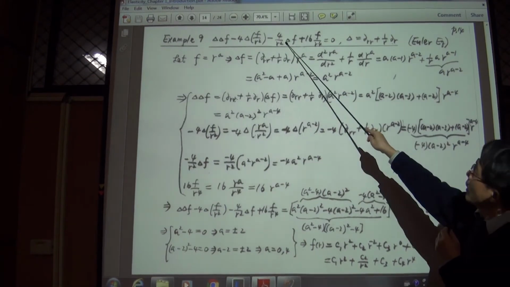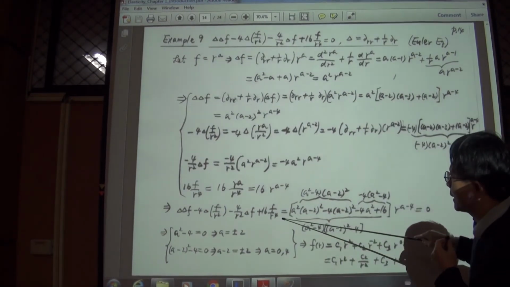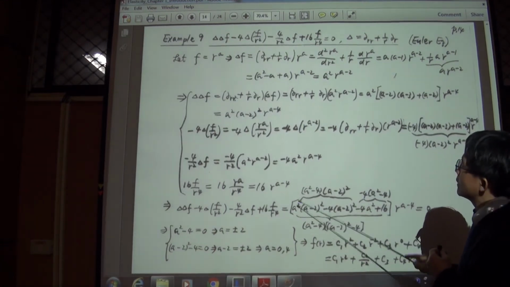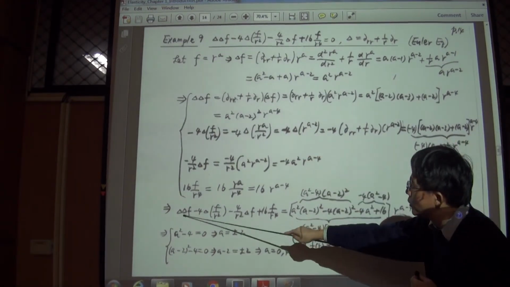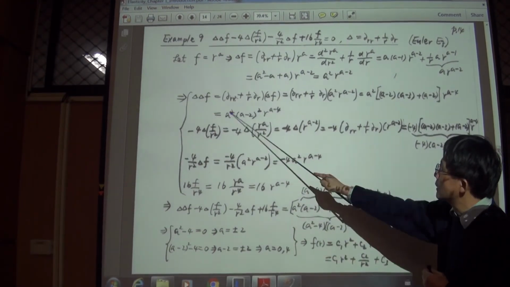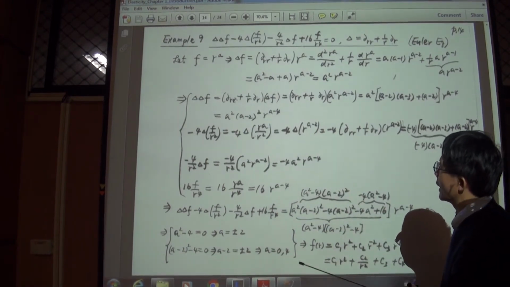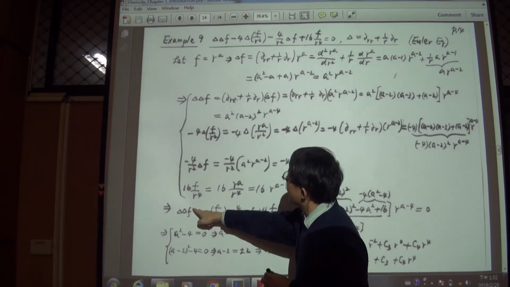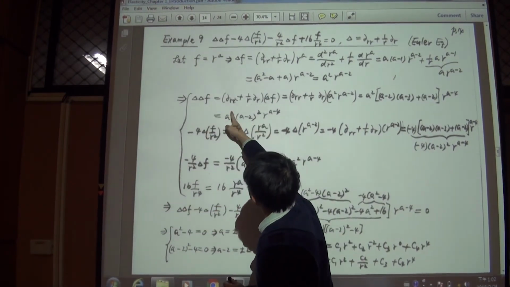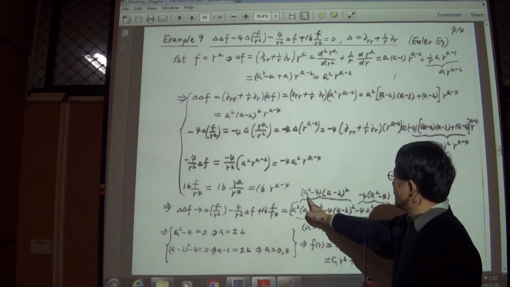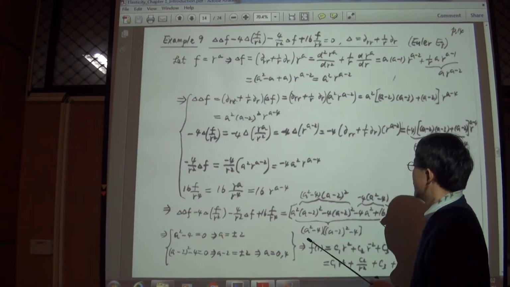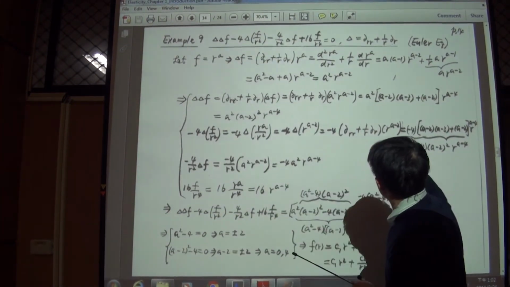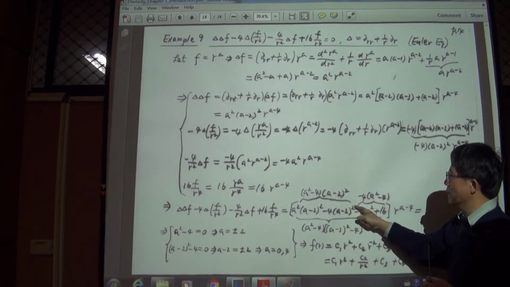This equation we copy down here, and the first term here is this one. We put it here. Okay, let me do it like this. This term, the result is here, put it like here.